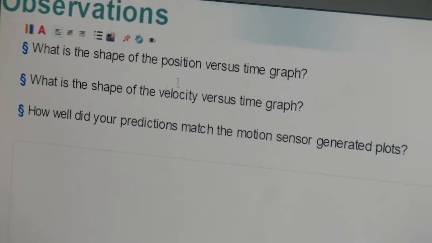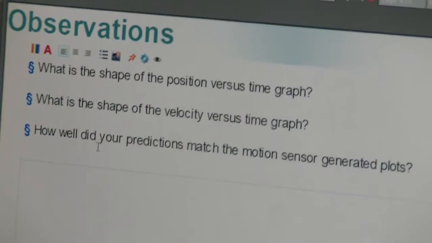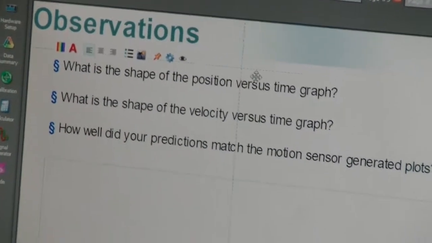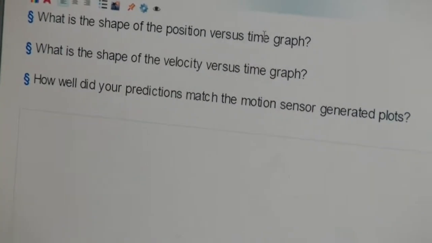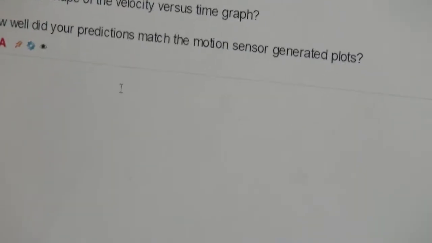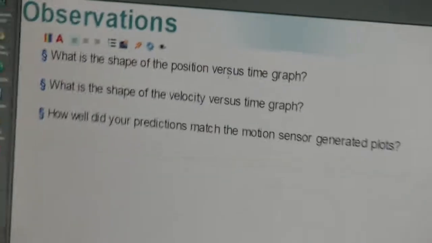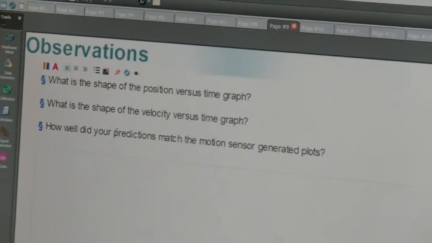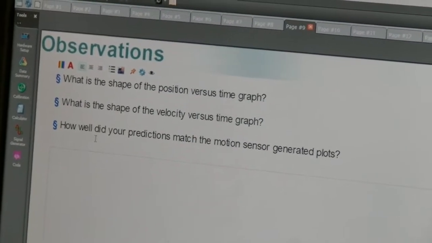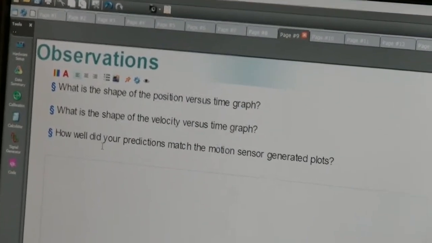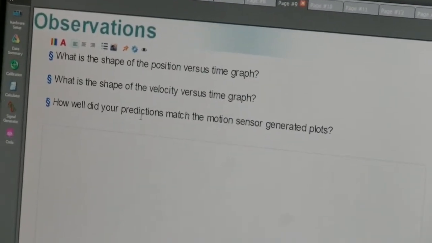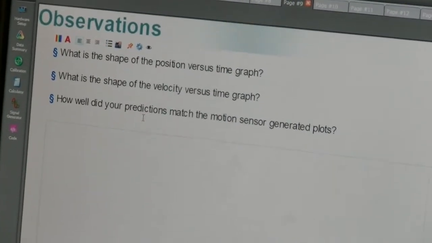You can just look at the graphs before on the left side and compare the shapes and write about them. So about the parabolic position time graph and the linear velocity time graph, and then you have to say how well your predictions matched with the plots generated by the motion sensors, and by predictions we mean the values we get by using the equations of motion.